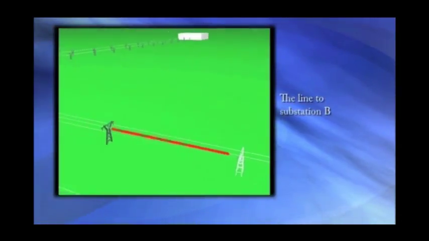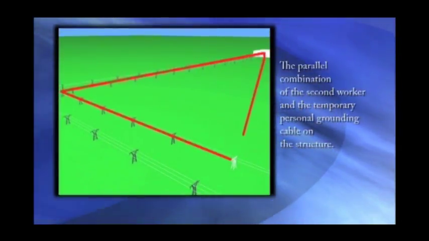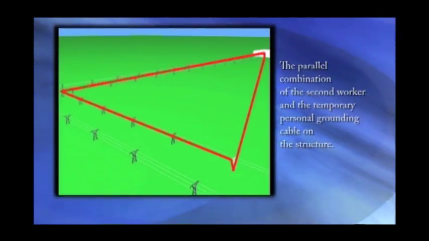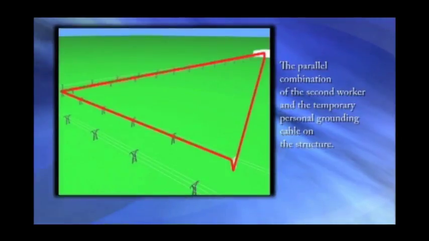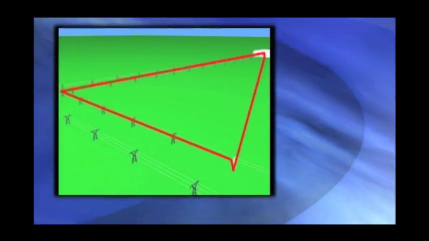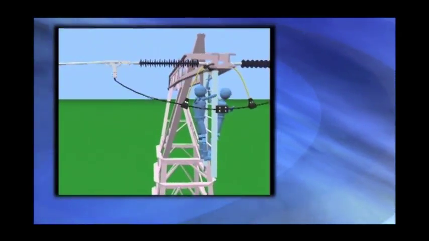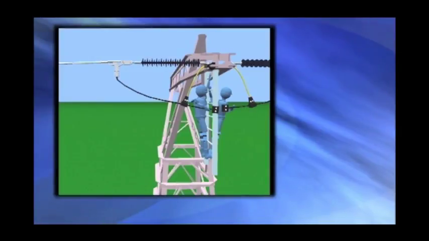The large loop consisted of the line to substation B, the substation B ground, the ground return, and the parallel combination of the body of the second worker on the aluminum ladder and the local personal temporary grounding cable on the structure. The large loop carried a large current. Separating the two sections of the jumper allowed current to pass through the second worker's body and caused electrocution.